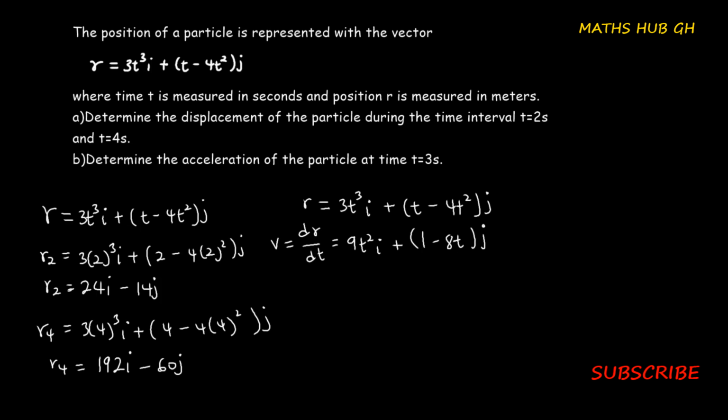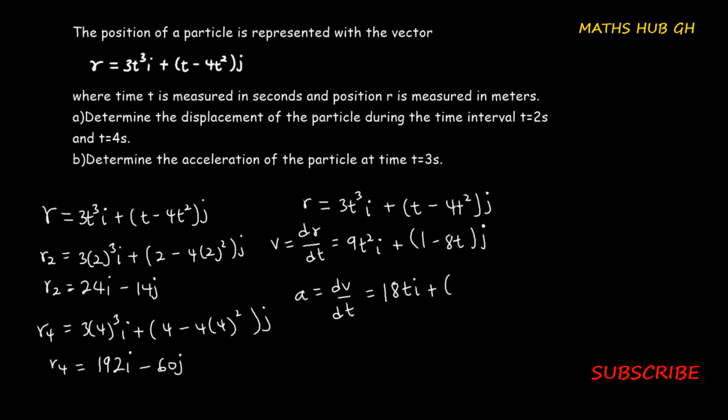So I'm going to differentiate this again, which will actually give us the acceleration. So I'm going to have the acceleration equal to dv/dt. When you do this, the derivative of 9t squared will give us 18t, and don't forget the i. Let's differentiate the second term.